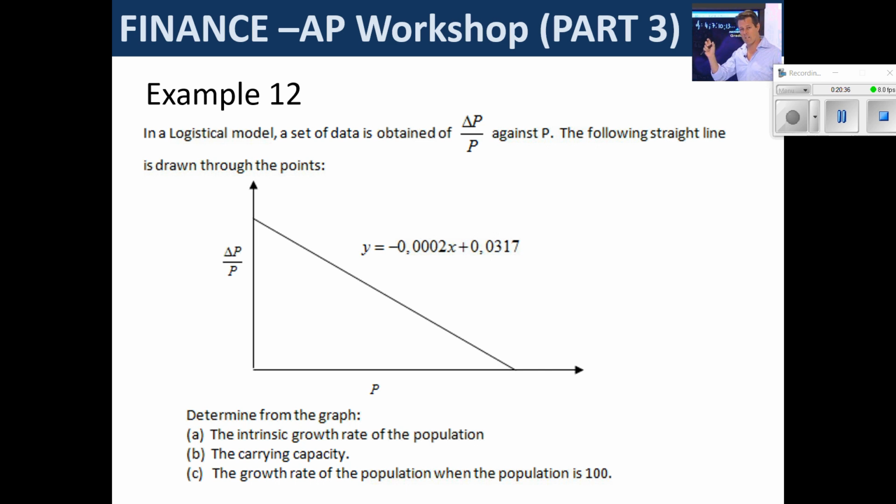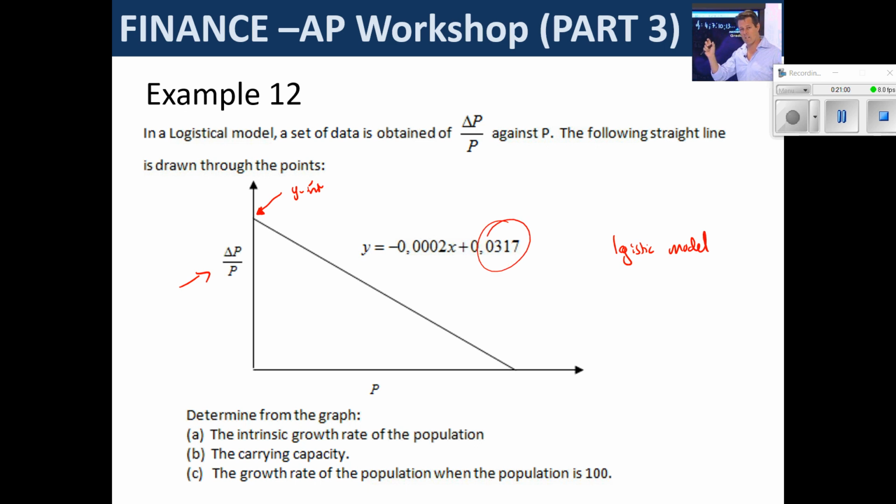So over here, we've got the rate of change modeled. We've got a straight line graph, which is great. We know 100% this now is a logistic model, which is great. They say, what is the intrinsic growth rate? The intrinsic growth rate is the initial growth rate. So that would be the y-intercept, which is nice.